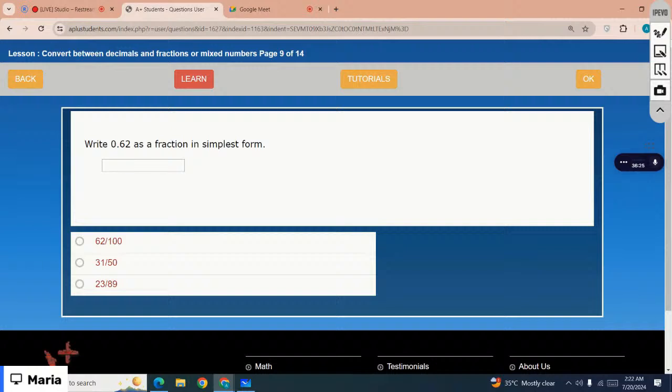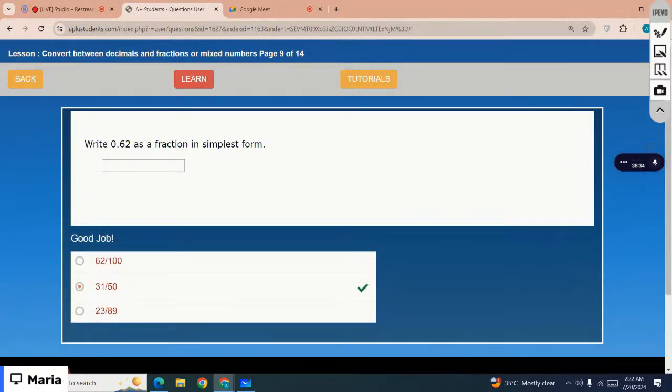The correct option is, yes, that is 31 over 50. Option number 2 is the correct option.